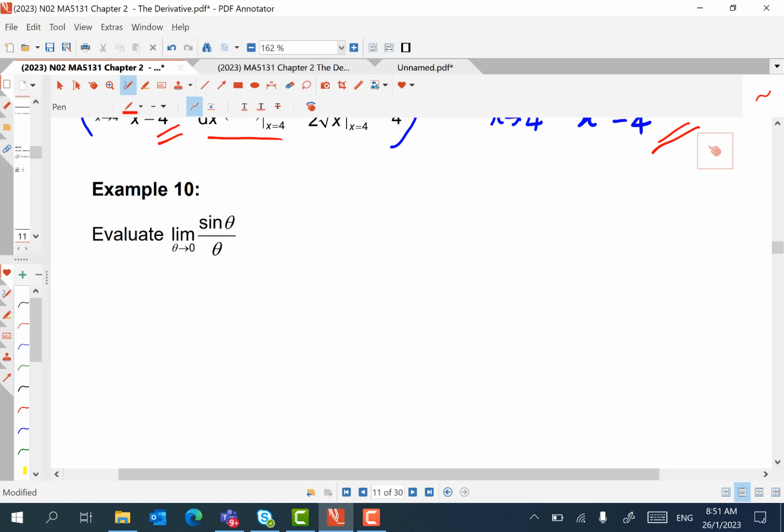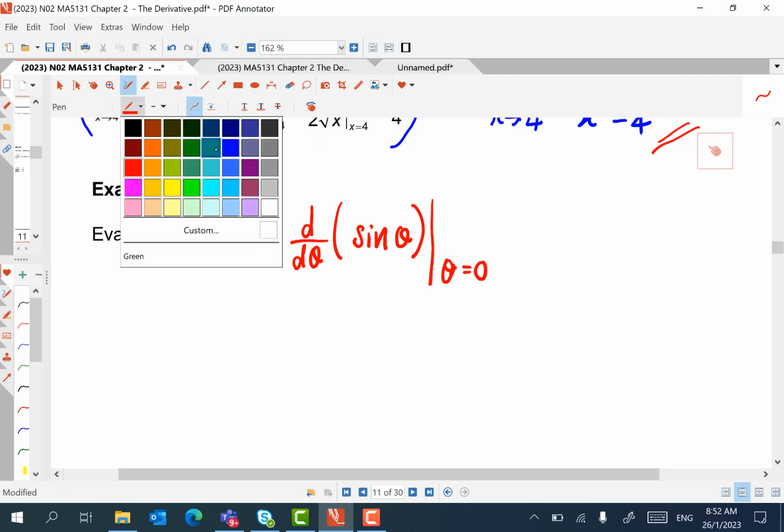Okay, in any case, you want to be able to see that this one relates to a derivative. This one relates to the derivative of sine theta evaluated at theta equals 0. Why is that so?